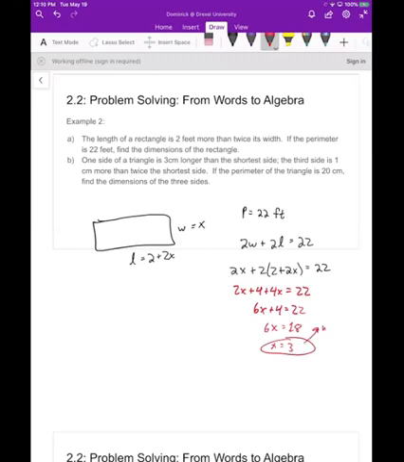Now, of course, this is just the width. How do we get the length? Well, the length is 2 plus 2 times the width. So that's 2 plus 2 times 3. So that gives us 2 plus 6. So we get that the length is 8. All right. So just because we found x here doesn't necessarily mean we're done. We have to sort of take it one step further here.